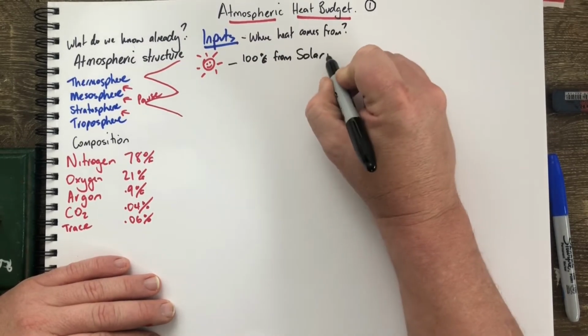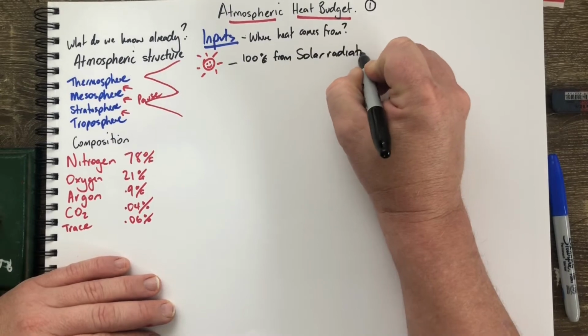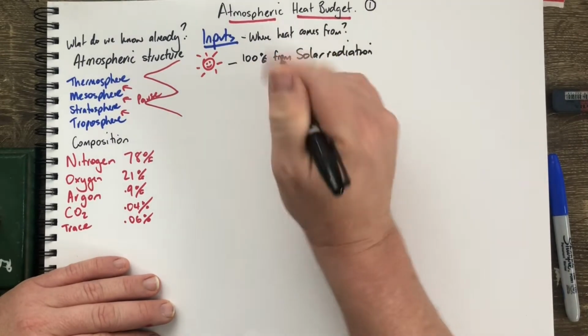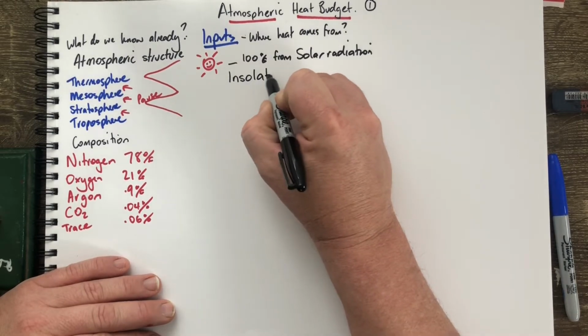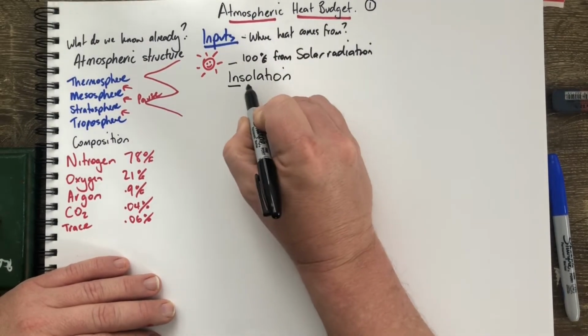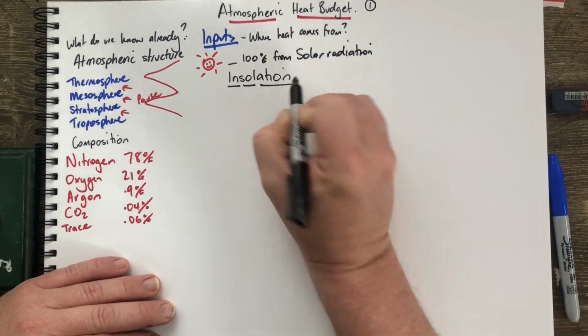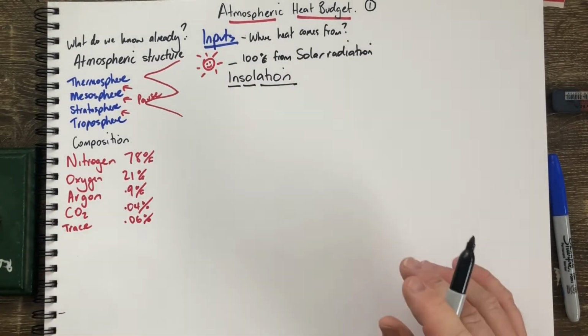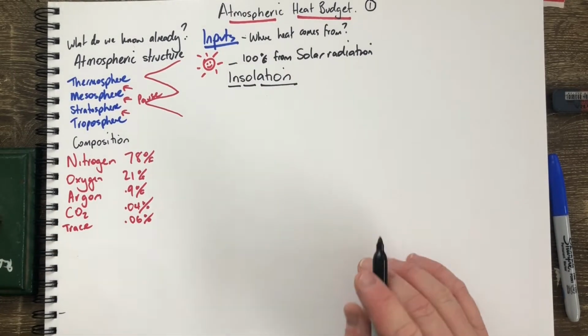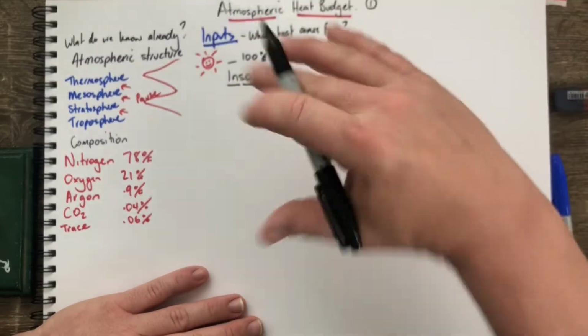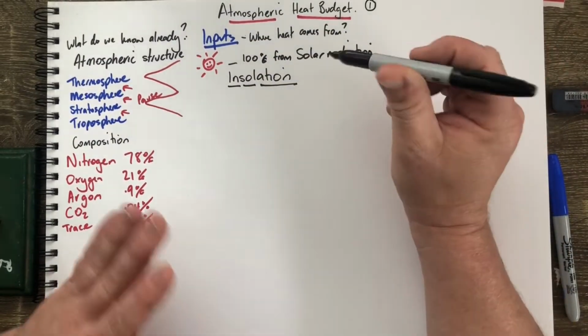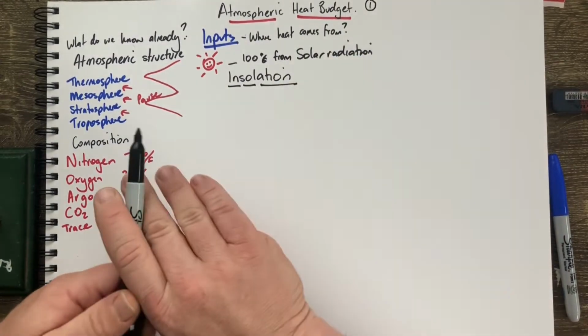Solar radiation, which we use a term called insolation, and that's incoming solar radiation is where those words come from. Generally, the form of radiation that we get from the sun is in what we call shortwave energy.